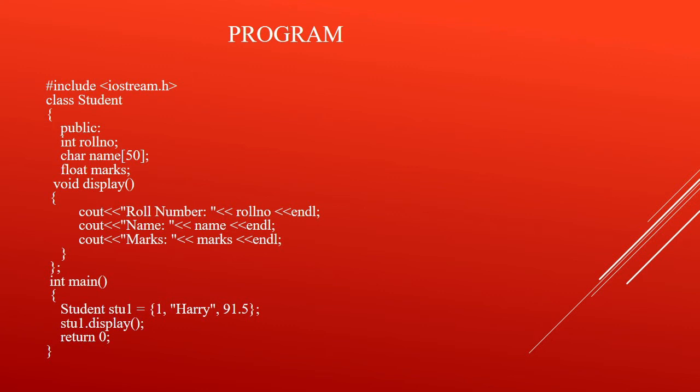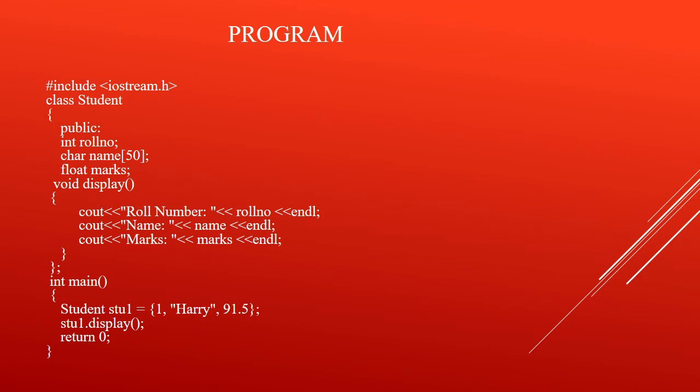Here the name of the class is student, and roll number, name and marks are data members of the class student. And next, display. The display is the member function of the class student. Inside the display member function, a few output statements are included. And after that, the main function is included.